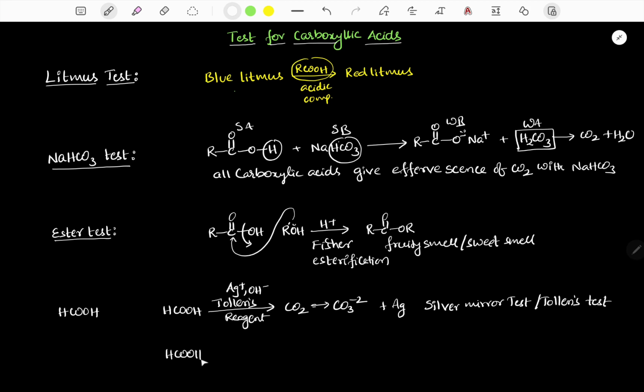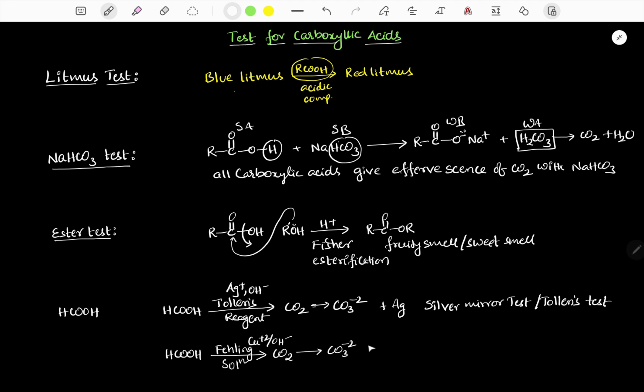Formic acid when treated with Fehling solution, formic acid undergoes oxidation to form CO2, and CO2 in the presence of basic medium converts into carbonate. Fehling solution mainly contains Cu2+ and OH-.